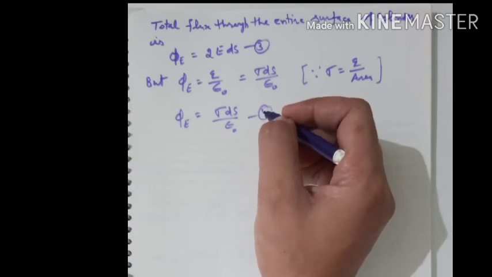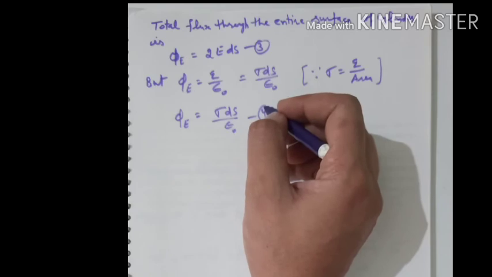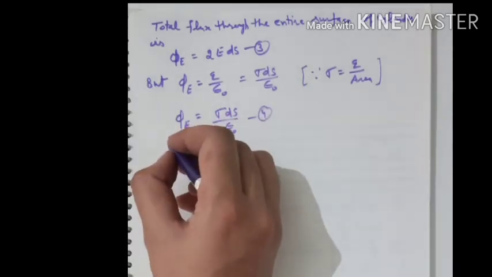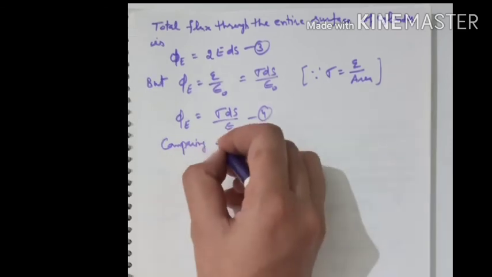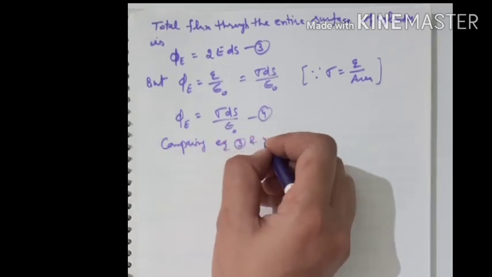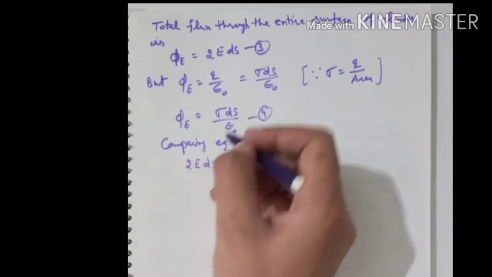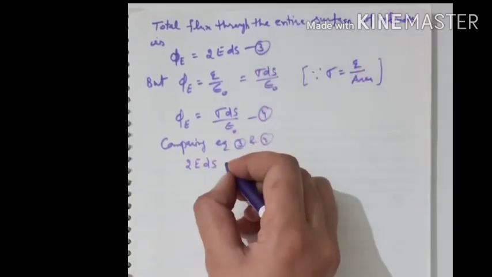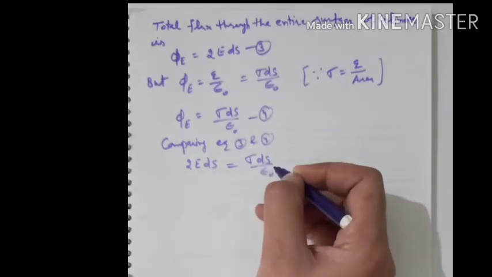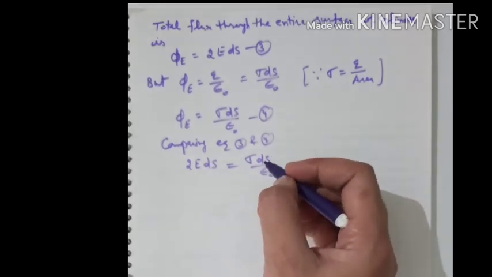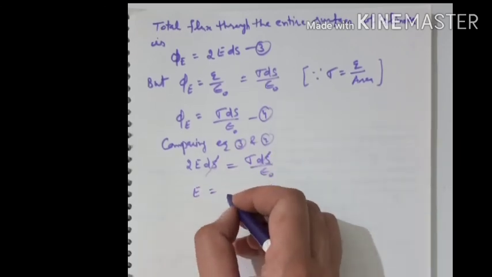Now same as in the previous article, comparing equation number 3 and equation number 4, the right side of equation number 3 is equal to the right side of equation number 4. ds cancels.